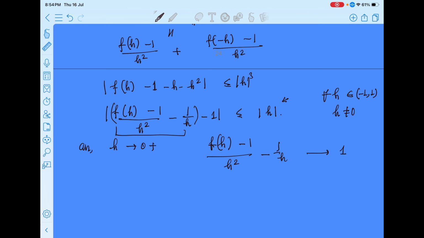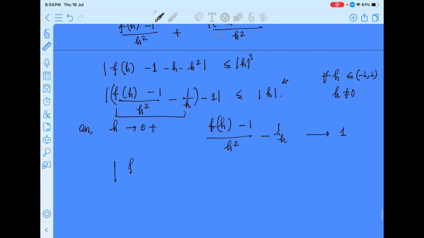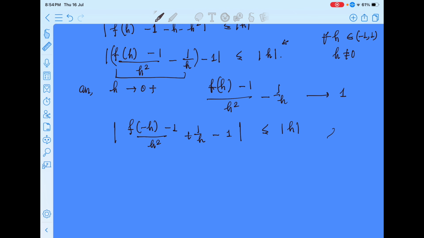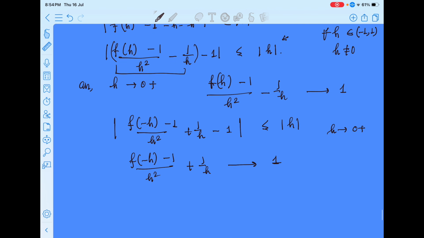And if you put the same thing for f(-h) - 1 divided by h squared, you get that it is less than or equal to |h|. Now if you take h tends to 0 plus, then also this tends to 1 as h tends to 0.